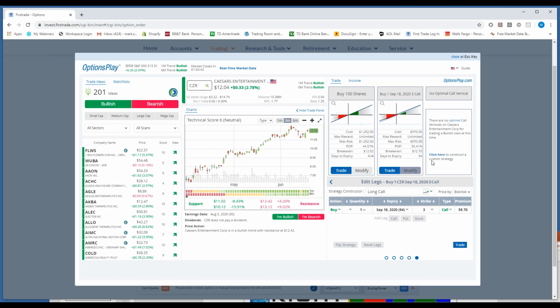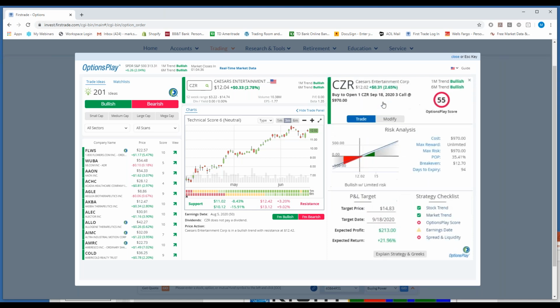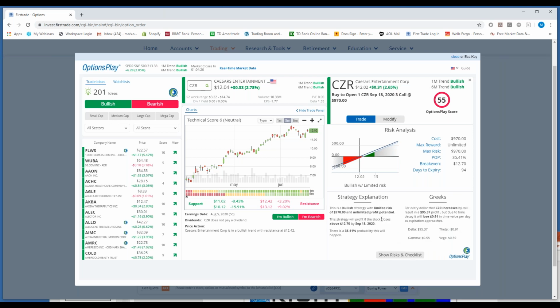But if we look at the trade up here, very poor return. And the Greeks are probably going to be really lousy here. Just really poor. So that one I'm not crazy about.